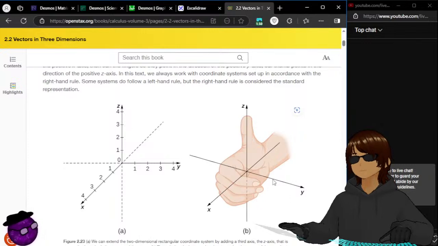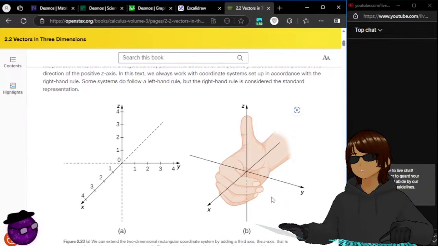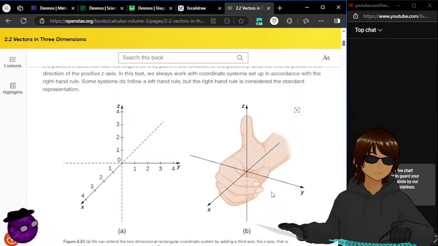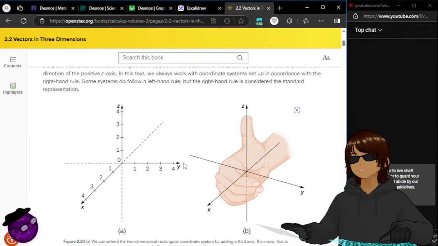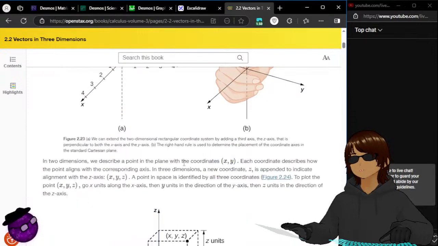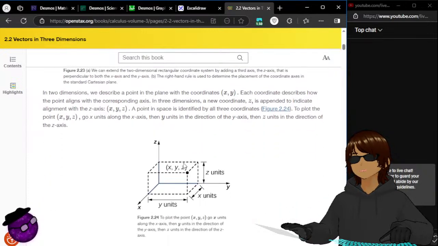I think the palm is supposed to be facing the... then curl the fingers so they point in the direction of the positive y-axis and our thumb points in the direction of the positive z-axis. Okay. I've seen a right-hand rule in physics, where you have the finger, thumb, and middle finger in perpendicular directions.